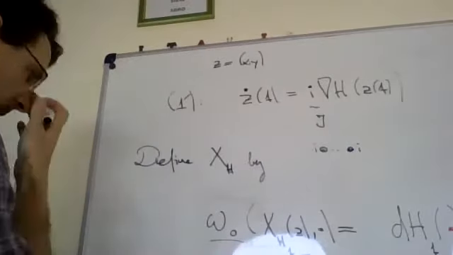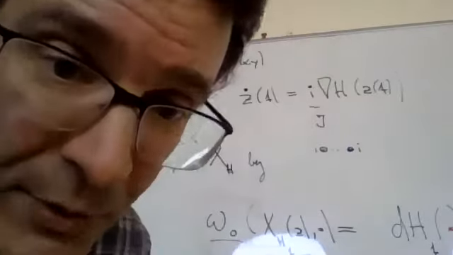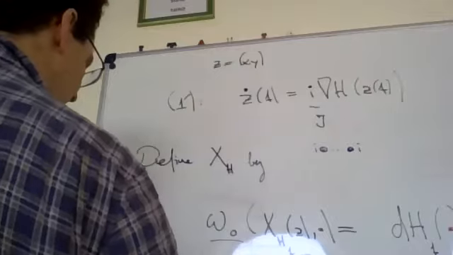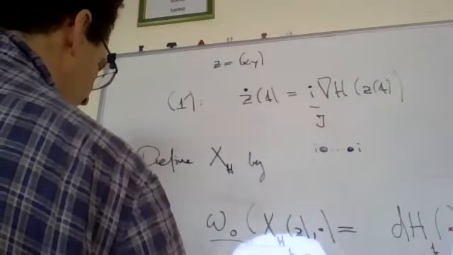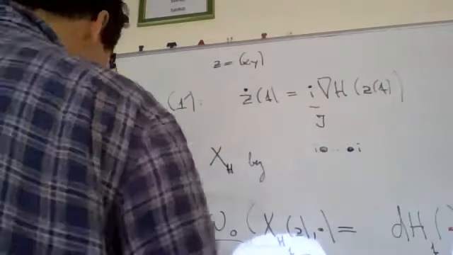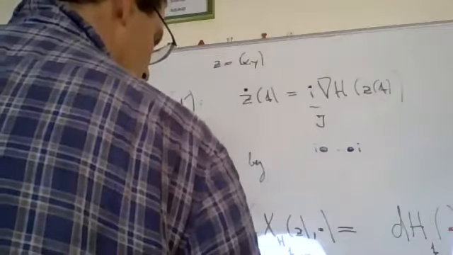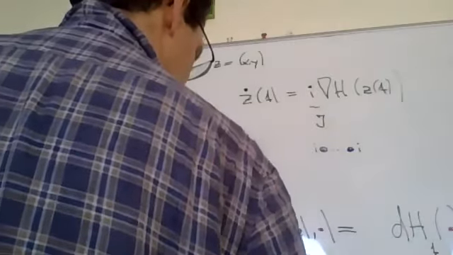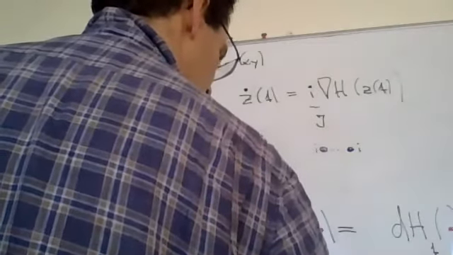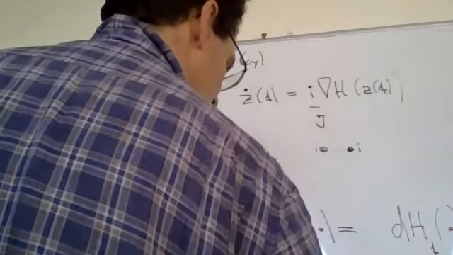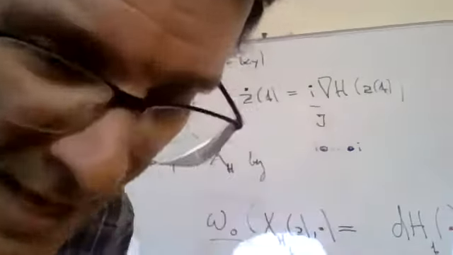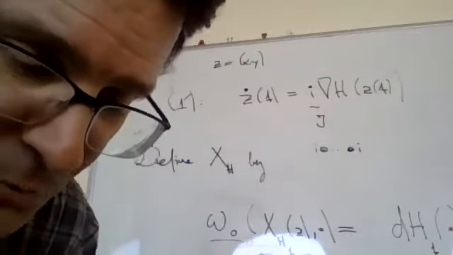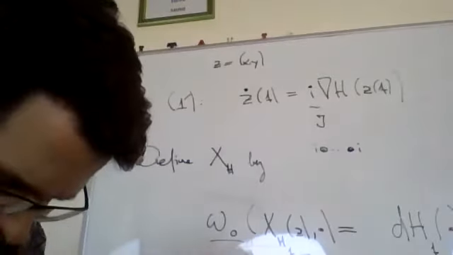So when you do that, you briefly compute and you find it's the thing of before. So we have only rewritten, there was nothing new, but this language will be much better, okay?